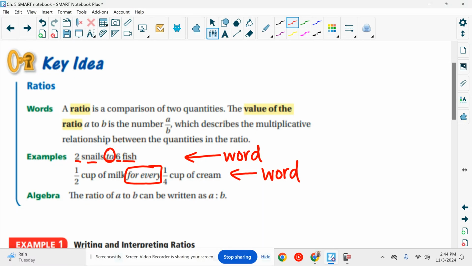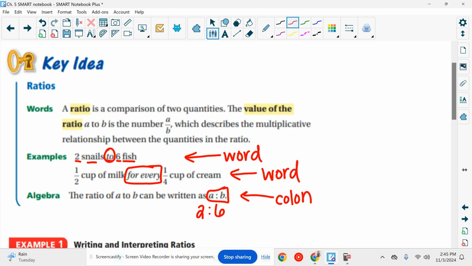You can also write it here where it says algebra, using what we call a colon. So if I wanted to write this snails to fish example ratio, I could do 2 to 6.